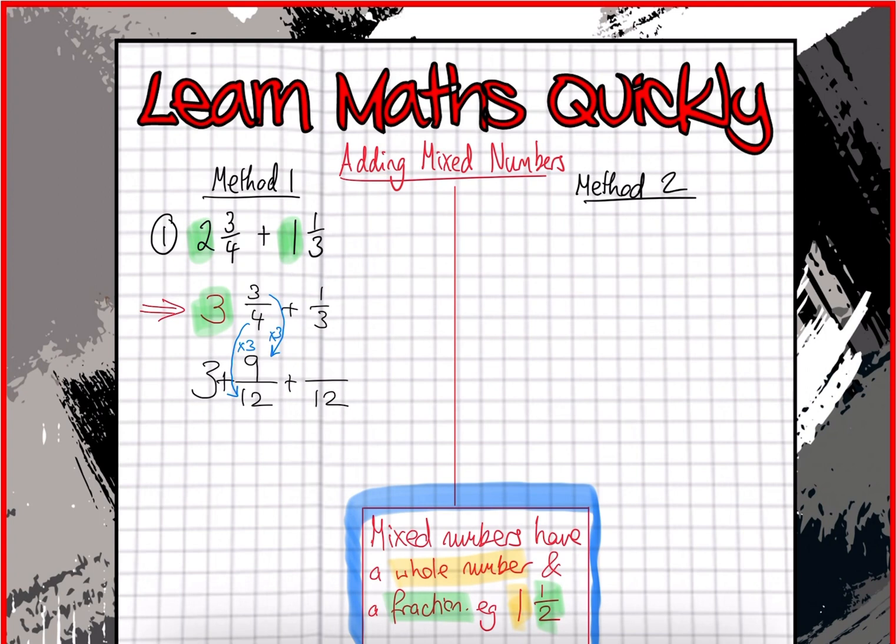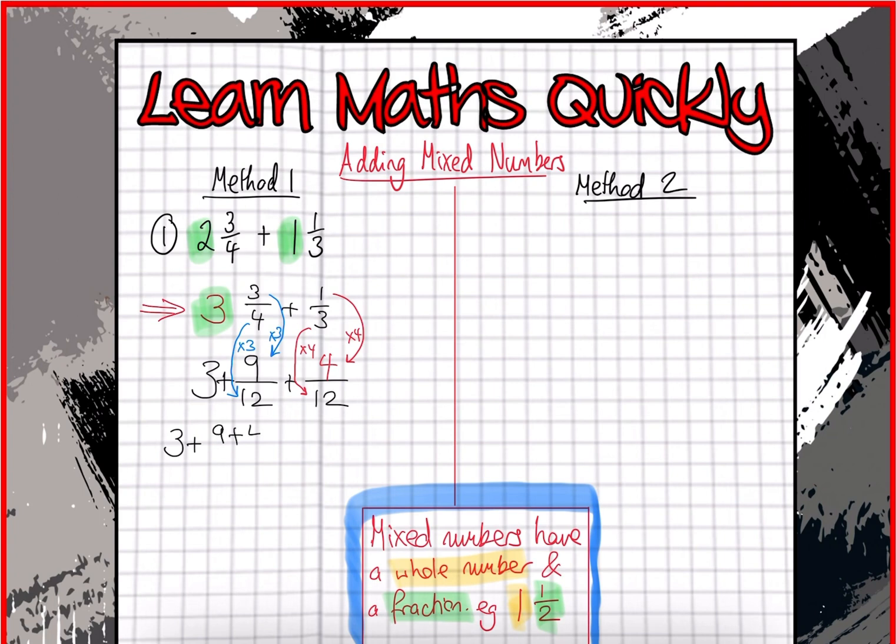Now let's look at the 1/3. And you think, what do we do to that 3, the denominator, to get that into a 12? Well, you multiply it by 4. And just like in the first fraction there, we do the same to the denominator as we do to the numerator. So the numerator must also be multiplied by 4, which leaves us with, and I'll just rewrite it underneath, 3 plus 9/12 plus 4/12.